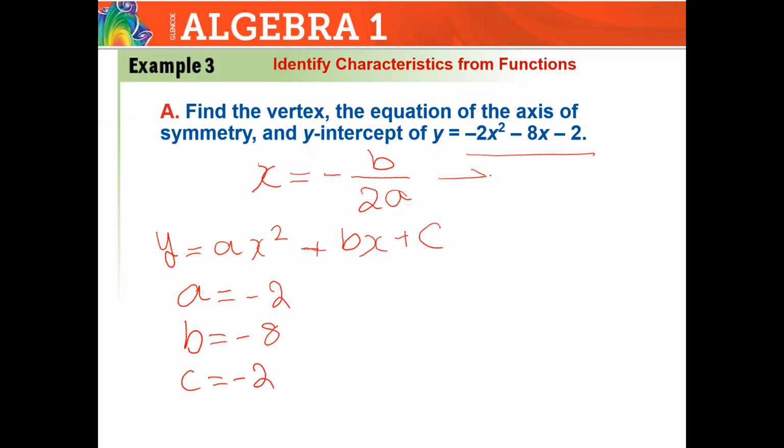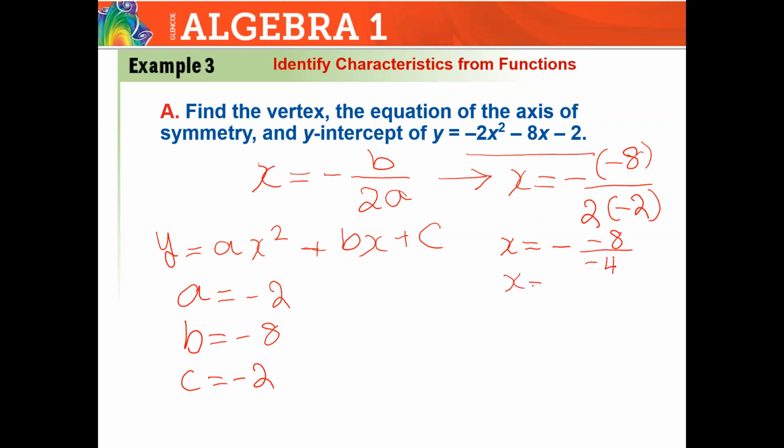Applying this formula, we have x equal negative b, and b is negative 8, over 2 times a, where a is negative 2. So x equals negative 8 over 2 times negative 2, which is negative 4.